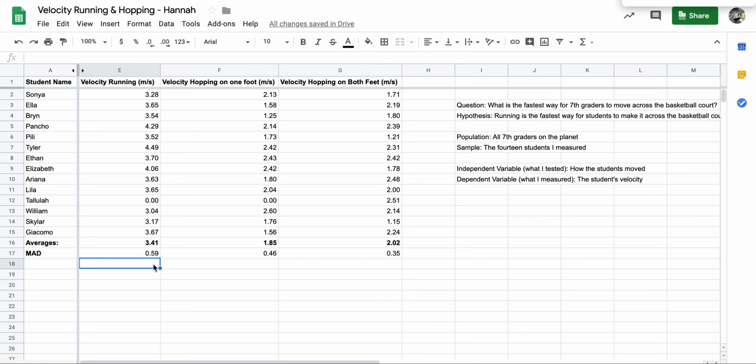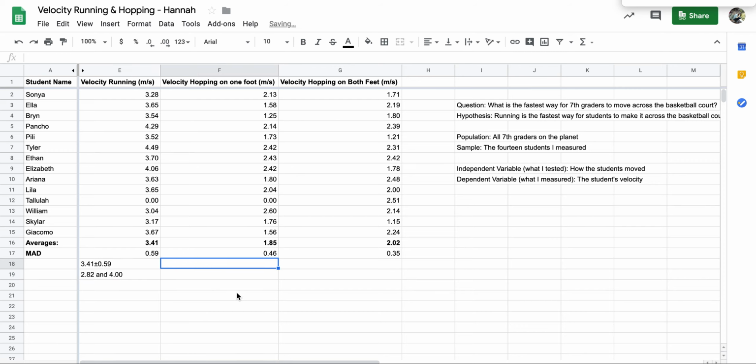But what the mean absolute deviation tells me is that my average for all 7th graders, while it might not be exactly 3.41, is probably going to be something like 3.41 plus or minus 0.59, which means if I were to repeat this experiment with another 14 7th graders, I might not get the average of 3.41, but I'd probably get an average somewhere between 3.41 minus 0.59, which is 2.82, and 3.41 plus 0.59, which is 4.00. So I'm pretty sure if I were to repeat this experiment, I'd get an average somewhere in this range.